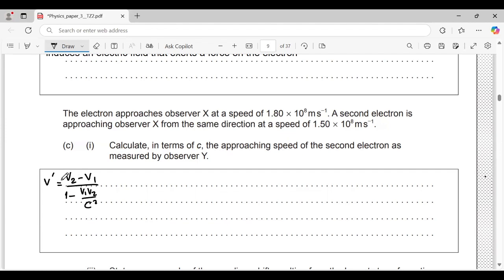Vxn is the speed of the second electron as measured by observer Y. V2 is the speed of the second electron relative to observer X, and V1 is the speed of the first electron relative to observer X. And c is the speed of light. Right. So V2 is 1.5.